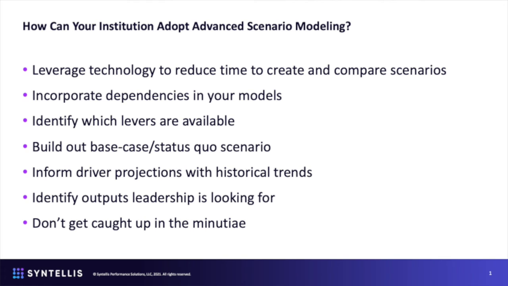Also identifying what leadership is really looking for. One thing that Phil and his team really identified was those metrics of student to faculty and student to staff ratios, and then don't get caught up in the minutiae. When it comes to long range planning, we're doing it at a high level. We're not talking about what it's going to be for a new exhibition that's going to cost $20,000. We're talking about large scale initiatives and those kinds of things.